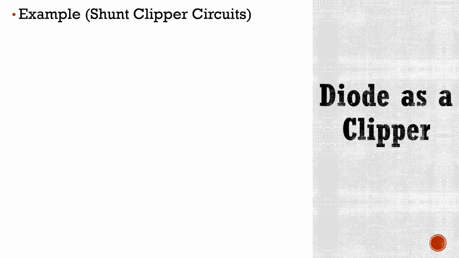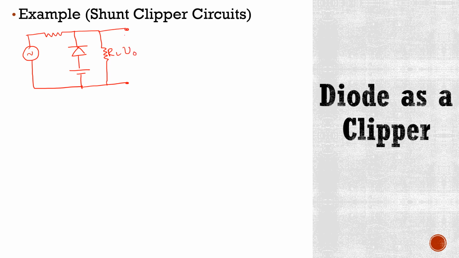Now look at this example. If you have a circuit like this, where the diode is connected with a DC battery, and here we have the load resistor RL, and the voltage drop across this resistor is V0.